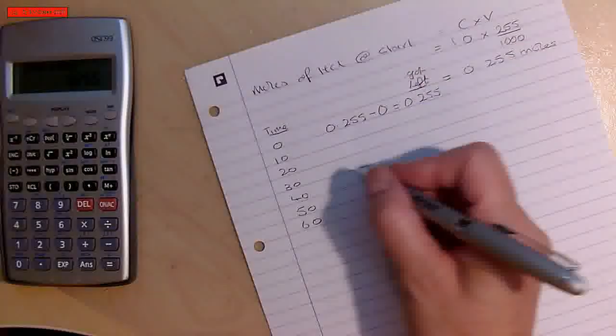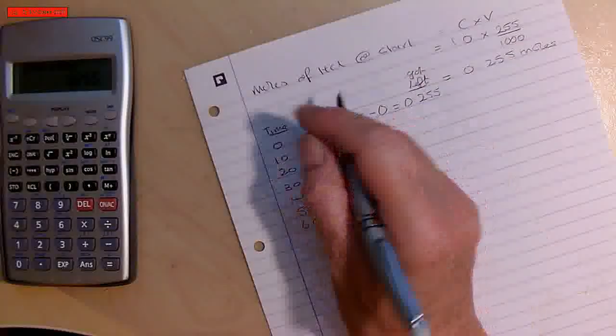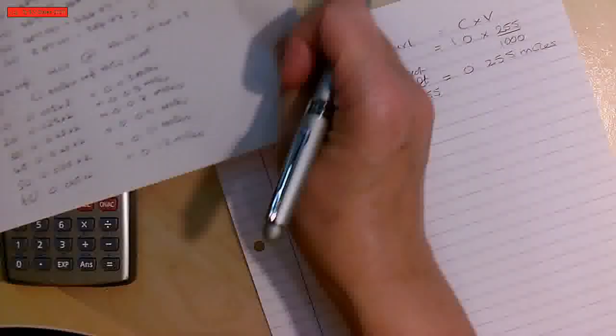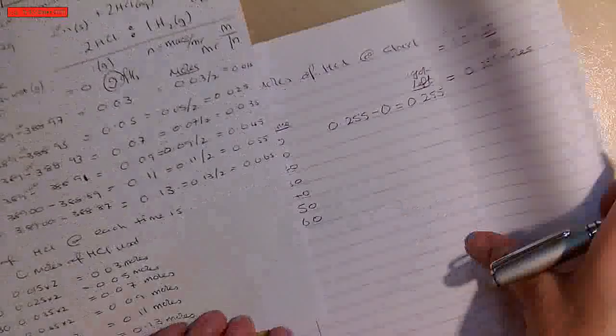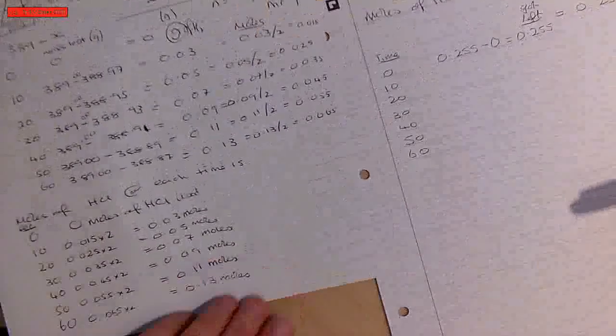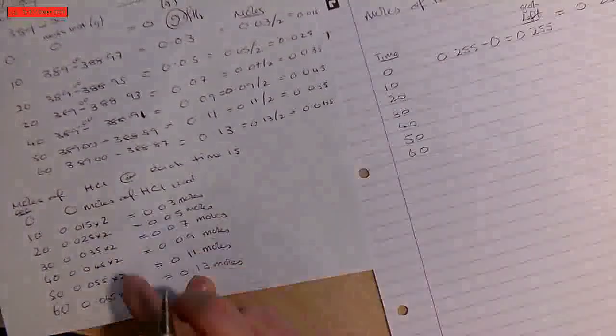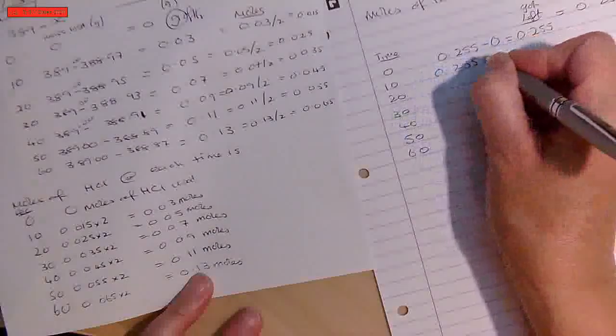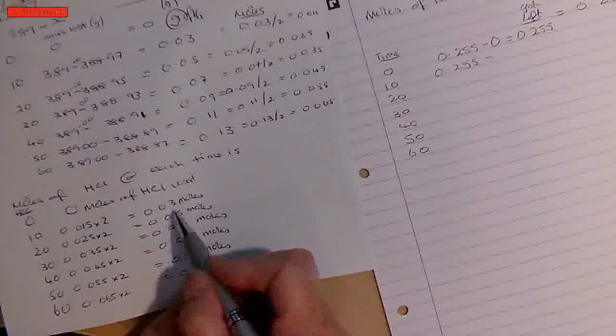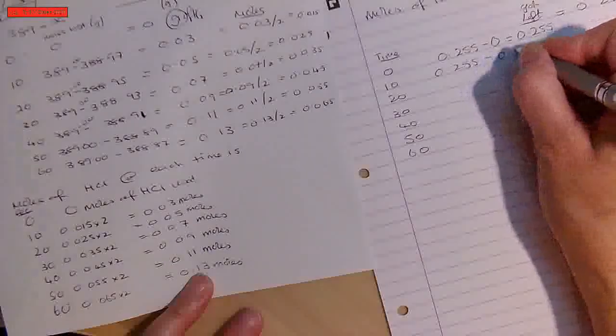Okay, so I'll do the same for all of these. Let me look at the moles, use this moles figure here. There we go. This is what I've calculated, so I'm going to be using this. So 0.255 is what I had at the start.